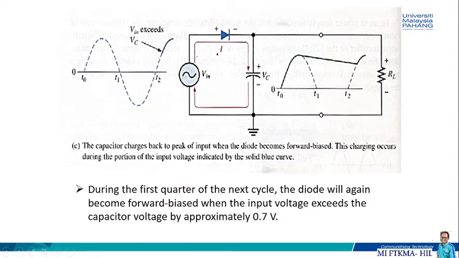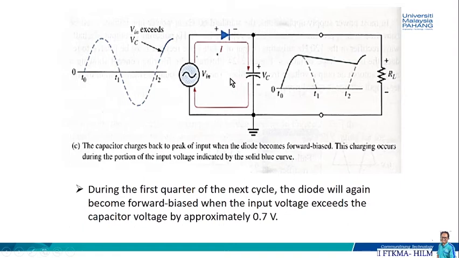Then we have a new cycle. During the first quarter of the next cycle, the diode will again become forward biased, and it will charge the capacitor again when the input voltage exceeds the capacitor voltage by approximately 0.7 volt.